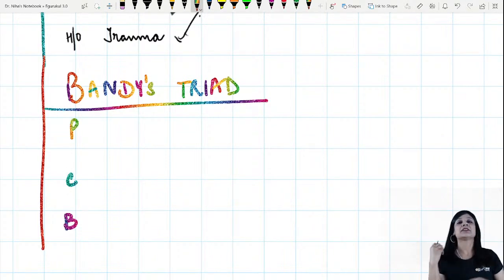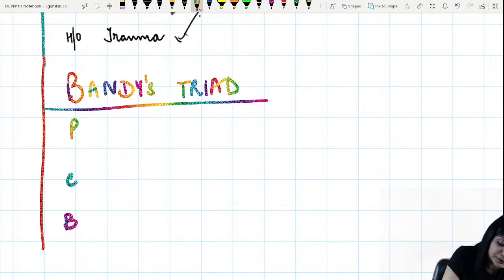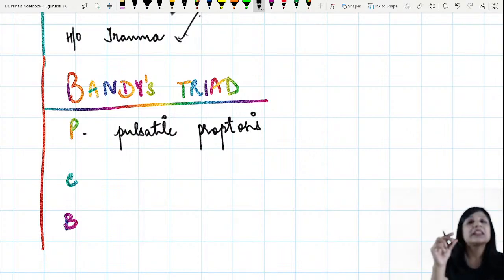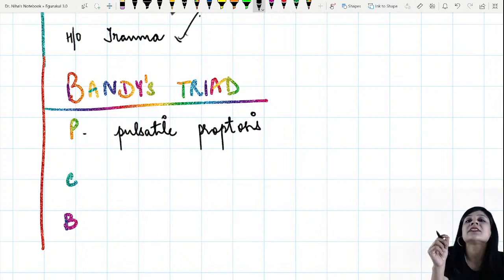PCB है ना, जब MBBS करने के लिए आपने सब्जेक्ट्स लिए होंगे, so that will be your PCB, physics, chemistry and bio. So P is your pulsatile proptosis. Pulsatile proptosis will be there. So at your level, whenever you are listening to a case of pulsatile proptosis, please always think about carotico-cavernous fistula.